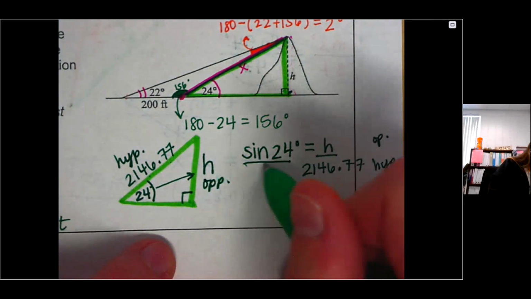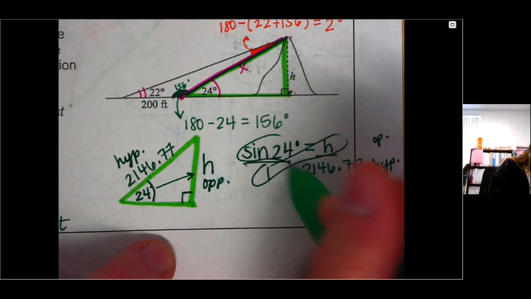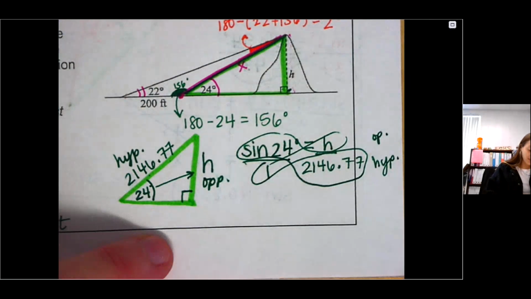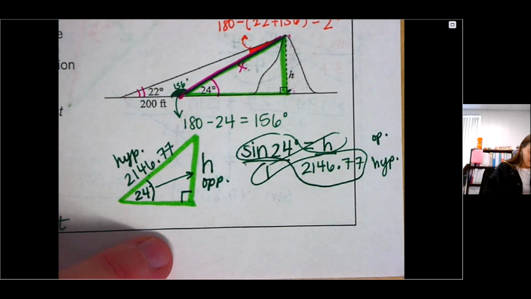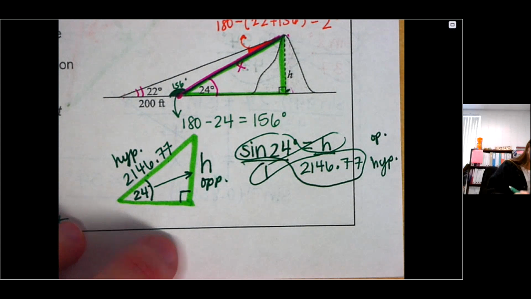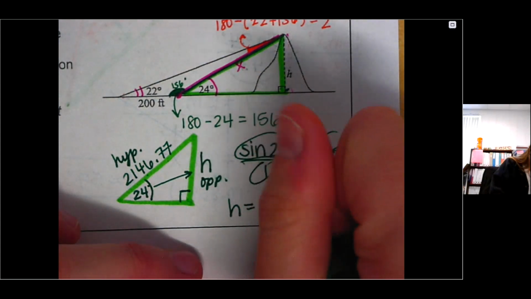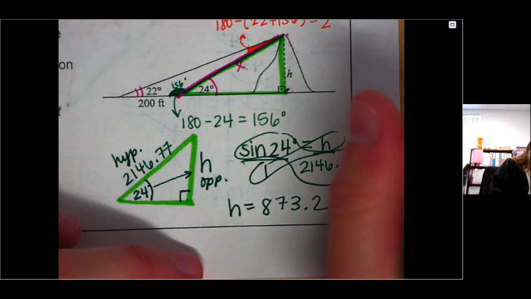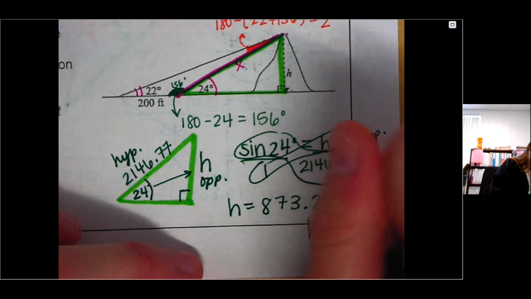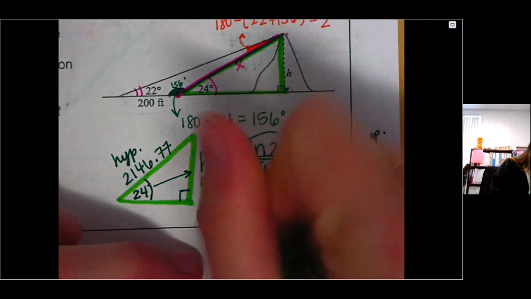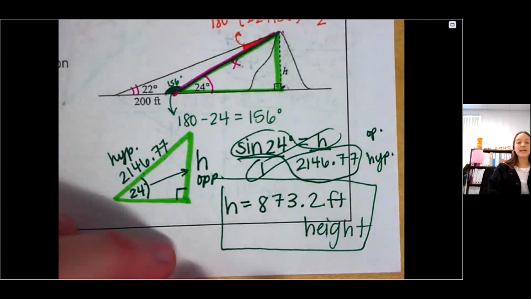So all I have to do is multiply sine of 24 times that really big number, and I get that h equals 873.2 feet for my height. So the height of my triangle is 873.2 feet.